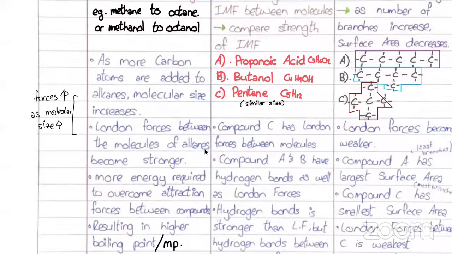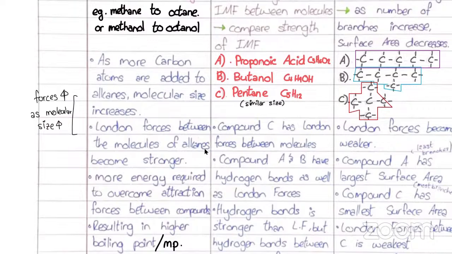That's why we say as more carbon atoms are added to alkanes, molecular size increases, and the London forces between the molecules of alkanes become stronger. If we were comparing two compounds that have dipole forces, as the molecular size increases, the dipole forces between the molecules would become stronger.